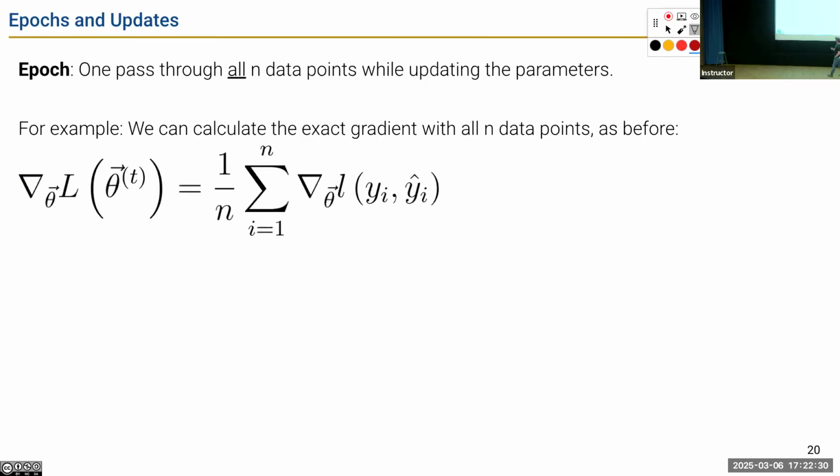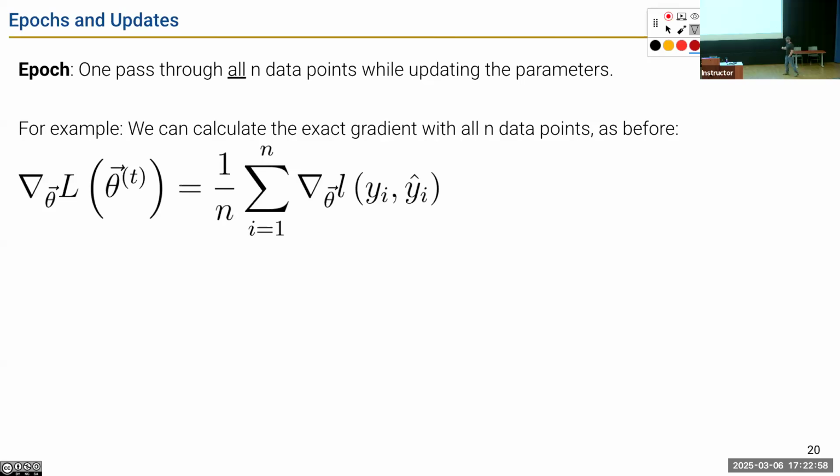What is an epoch? An epoch is when you pass through all n data points, one pass through all n of your data points in the process of updating your parameters. Regardless of the number of updates, it's just one pass through all of your data points. So getting the exact gradient like this, like we've been doing so far, requires us to compute the gradient of loss on all of our n individual data points.